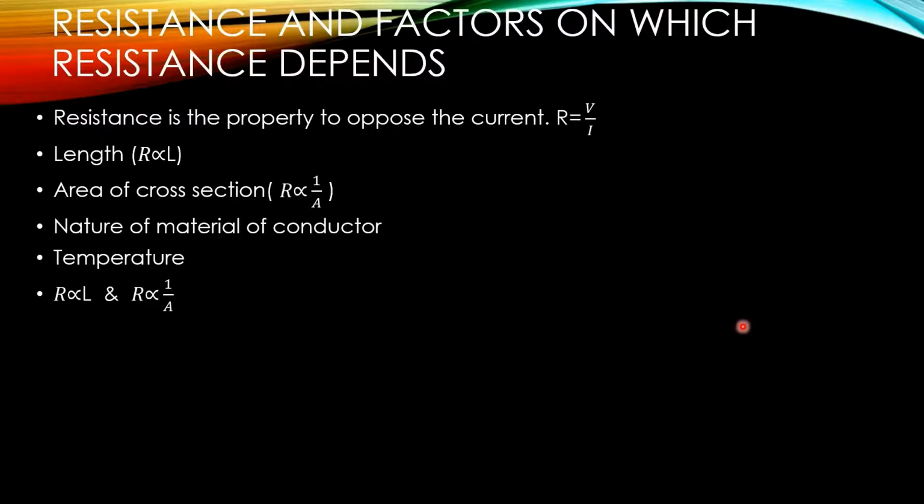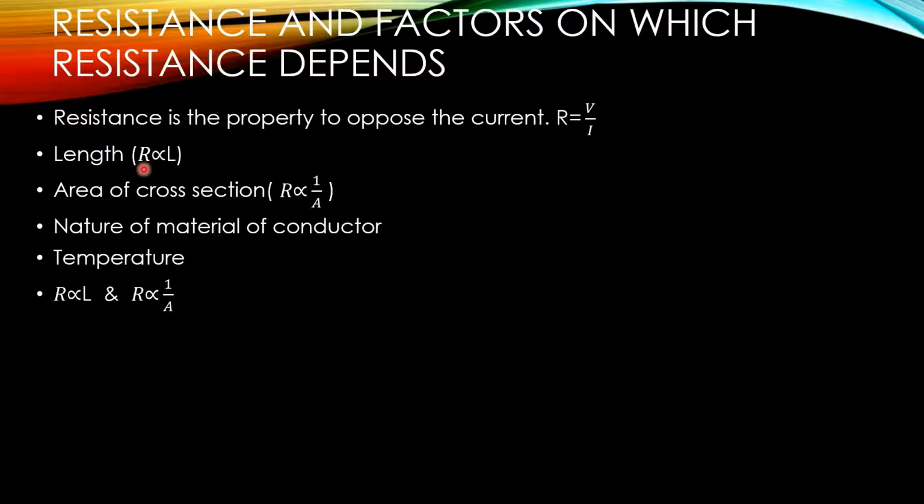If the length of the conductor is increased, in that case resistance will also increase. That's why R is directly proportional to the length of the conductor.